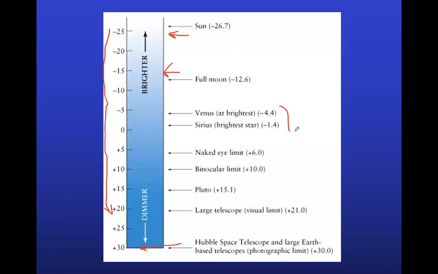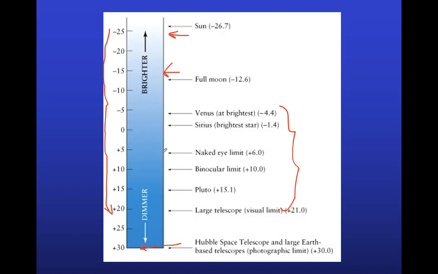All the other planets are somewhat visible to the naked eye. You can see Venus is right here, Sirius is right here, all these stars that are visible.